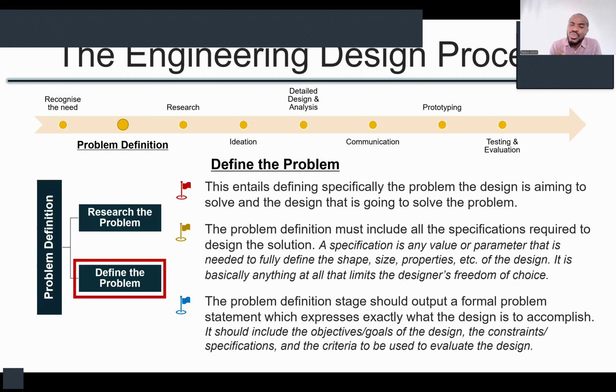And you must include all the specifications required to design the solution. Okay, what's a specification? A specification is a particular value or parameter that has been fully defined, okay, that determines either the shape, size, or properties of the design. Is that okay? So it usually would limit the designer.